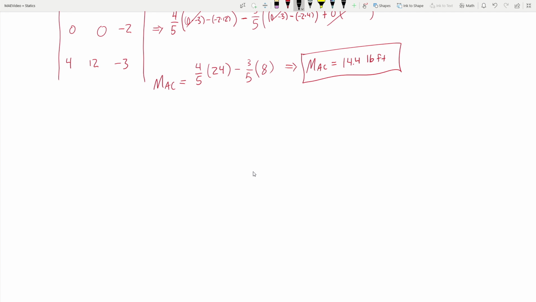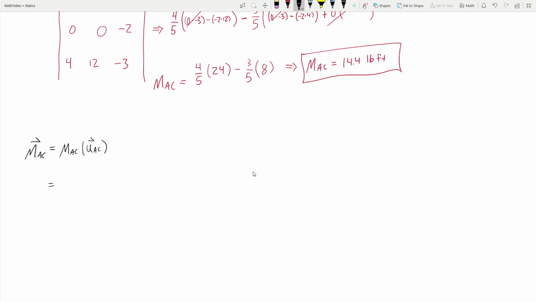So to do that, MAC as a vector will equal MAC, the scalar, times UAC as a vector.